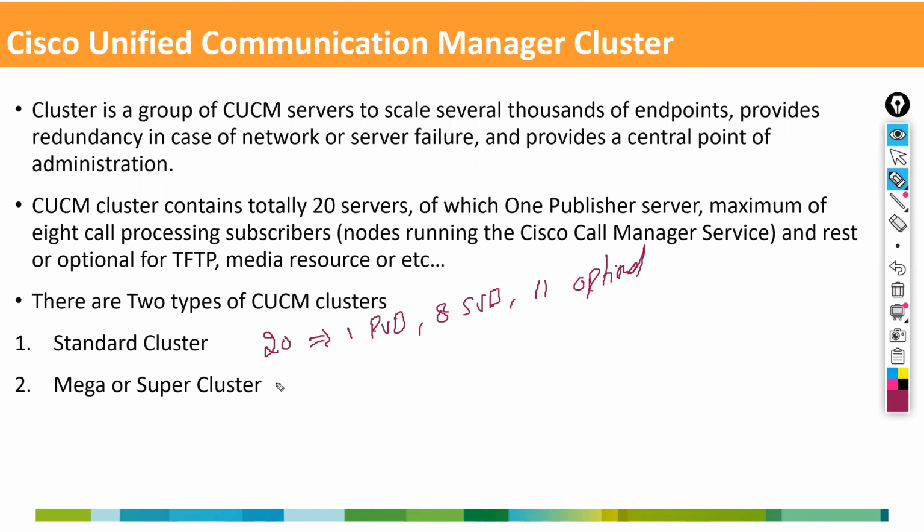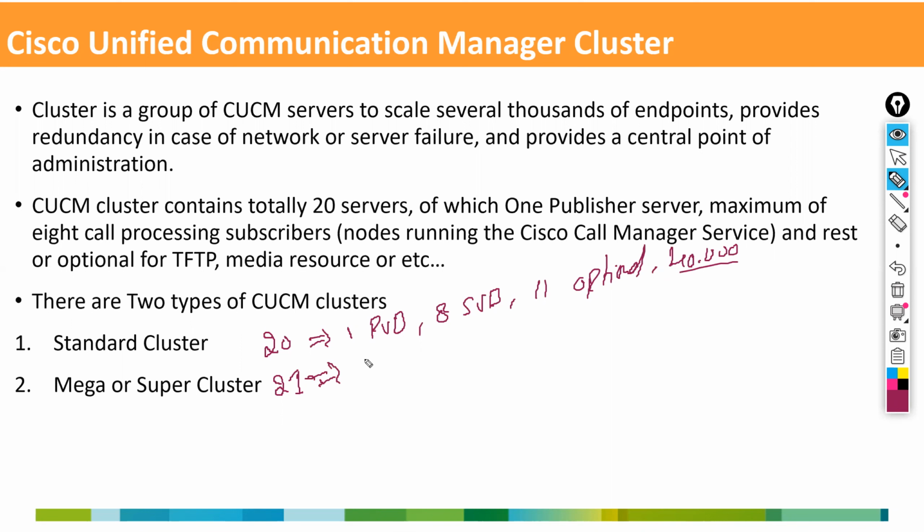In the mega cluster, 21 servers we can place. How many? 21. In the standard cluster, a maximum of 40,000 IP phones can be registered. Here, 21 servers we can place.